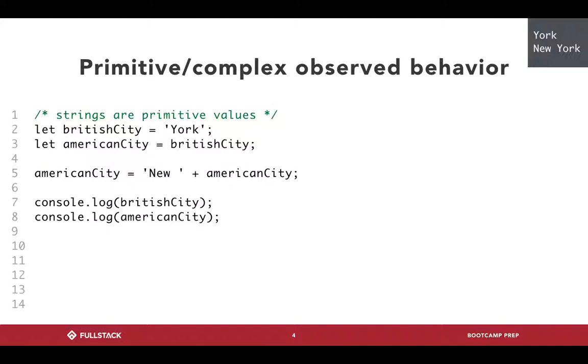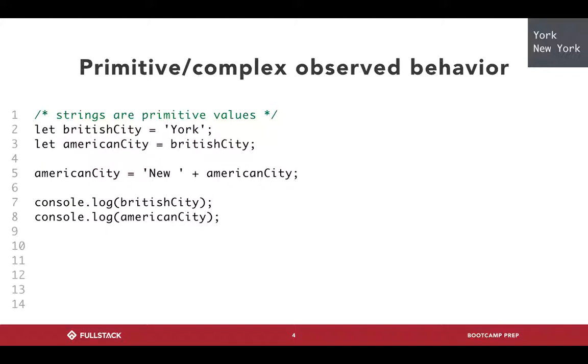The lesson here is that for primitive data types, for numbers, booleans, and strings, because those values are not changeable, whenever we make a reference or copy that value, so in this case, whenever we say let American city equal British city, we're not linking this value directly to this instance of a string. Instead, we actually copy the value and give American city an identical copy of the string, in this case, York.